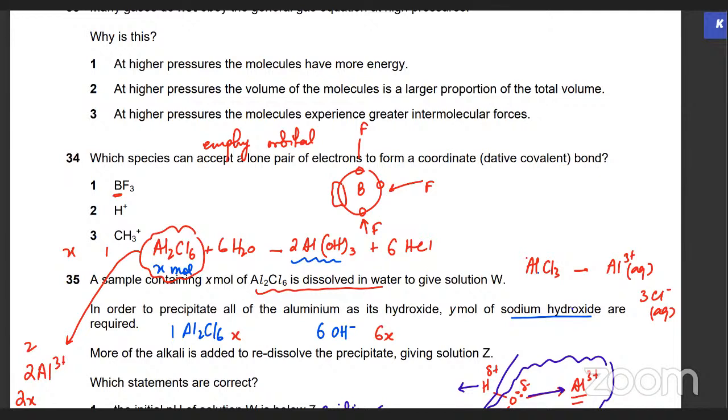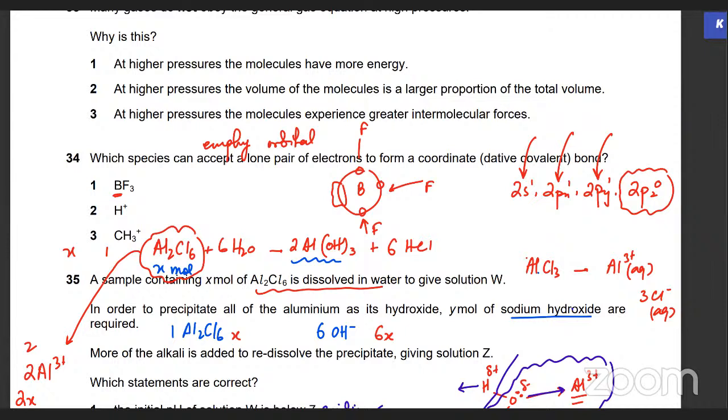And it will form a dative bond from somewhere. Boron's outermost electronic configuration is 2s1, 2px1, 2py1, with the 2pz completely empty. It gets electrons from fluorine to fill these up, and it has this one orbital which is completely empty and needs to be filled.